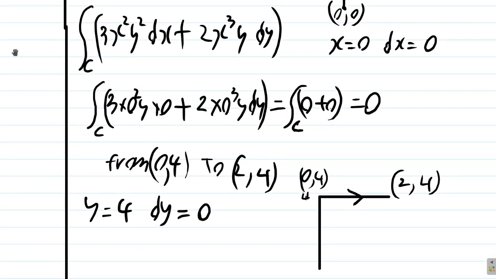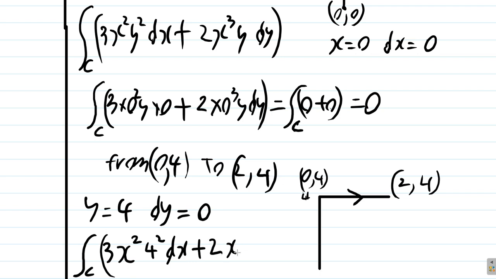So what we have here is the integral along the curve of 3x squared y squared, which is 4 squared, dx, plus 2x cubed times y, which is 4, times dy, which is 0. So this part would be 0.